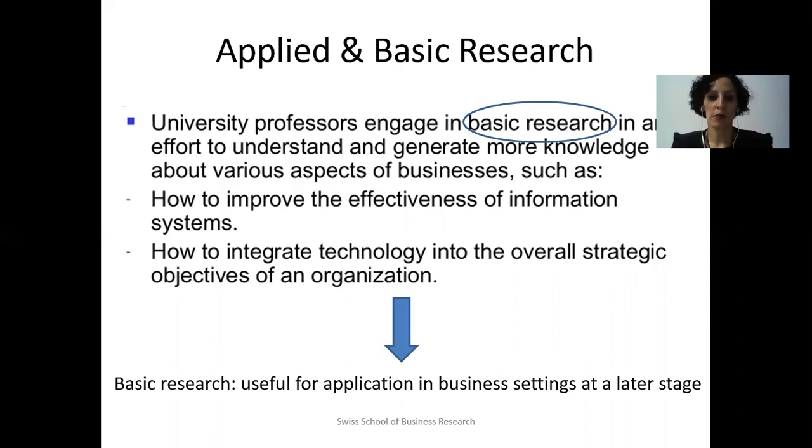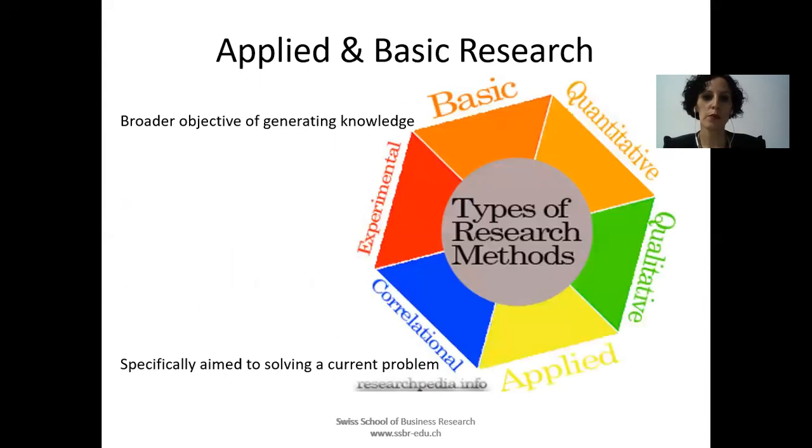And this is something that can also be used later on in other kinds of business organizations or business settings. So in a nutshell, basic research has the broader objective of generating knowledge, whereas applied research is specifically aimed at resolving a current problem that the organization is facing.